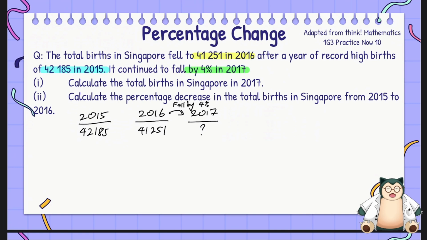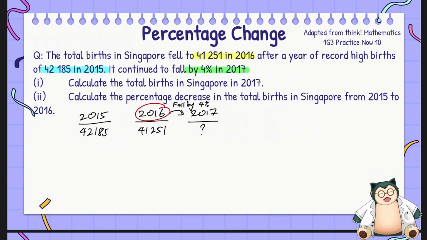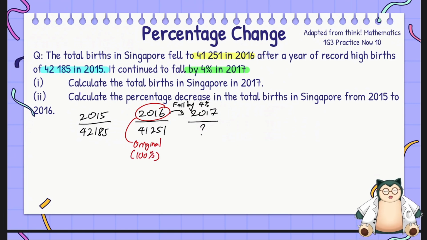Think about it. Remember, in percentage change, which do we consider as the base of 100%? Is it 2016 or 2017 when we talk about the fall by 4%? The answer is that 2016 is our original value, and this is our base of 100%, as we compare 2017 to the year before, since chronologically 2016 comes before 2017.